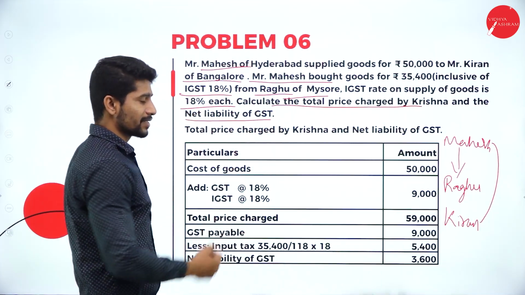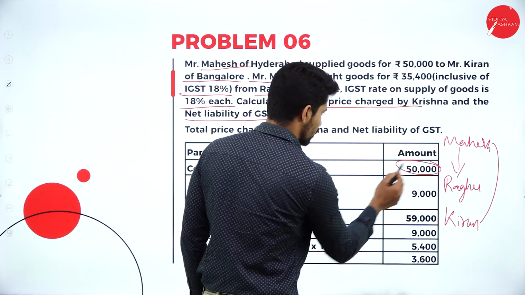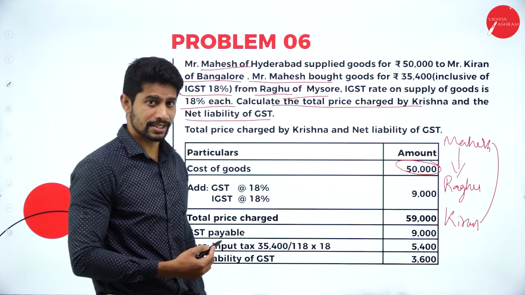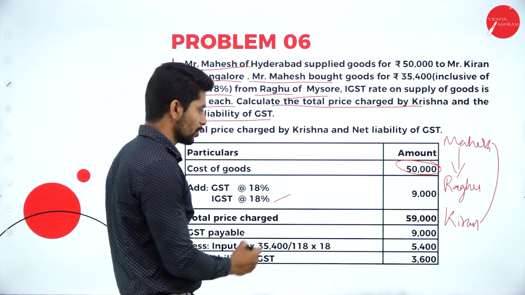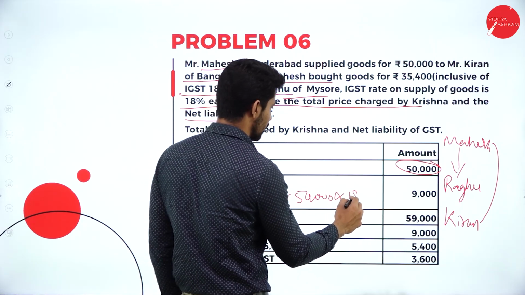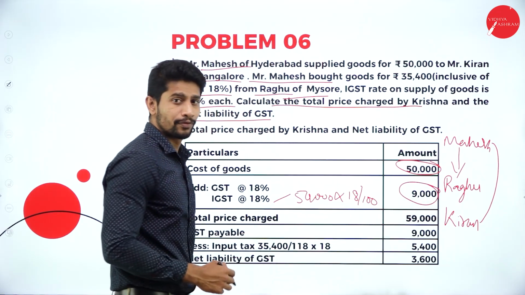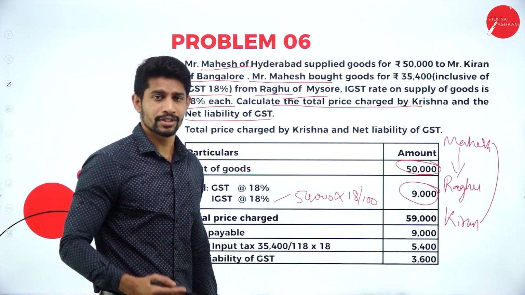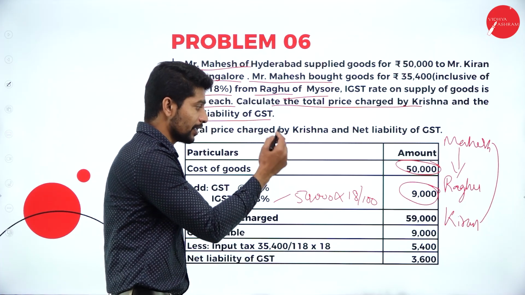So for what price he is selling the goods to Kiran? Mr. Mahesh is selling it for 50,000. Here both the parties are in different states. IGST is applicable. So compute IGST as 18% on 50,000. So 50,000 into 18%, how much you'll get? 9,000. So total value is 59,000. So the total value charged by Mr. Mahesh to Mr. Kiran is 59,000.